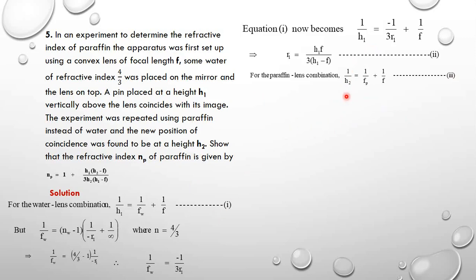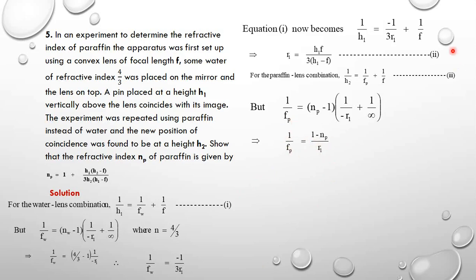And then we also know that 1 over Fp can be got using an equation similar to this, because it is also going to be plano-concave. We make 1 over Fp the subject from here.